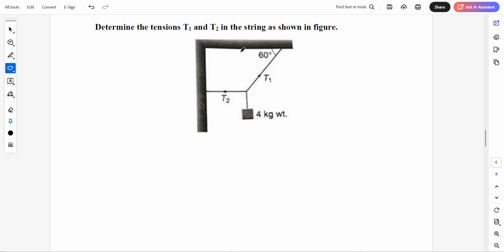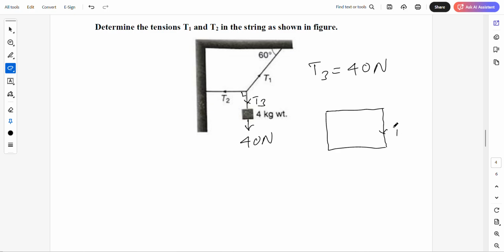Now let us calculate this one. Determine the tensions T1 and T2. Again the same. These two are perpendicular. This is 4 into 10, that is 40 Newton. Let me call this T3. T3 is directly 40 newtons. Now you have to calculate T1 and T2. Now complete the parallelogram.